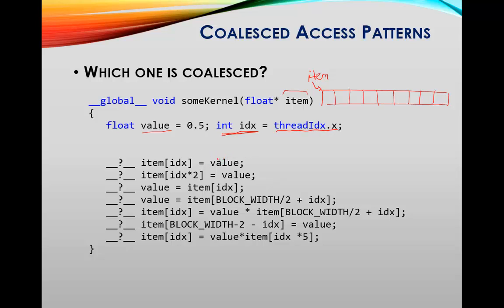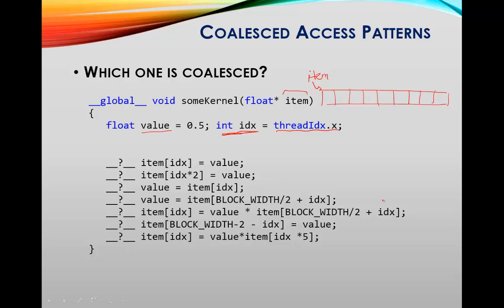I'm writing, so the first line writes value into the location item[index]. The second line writes value into every two items. The next line reads item into value. The next line reads item[block width over 2 plus index], so essentially it reads the next half of the block. The fourth operation does item[index] equals value times item[block width plus index].